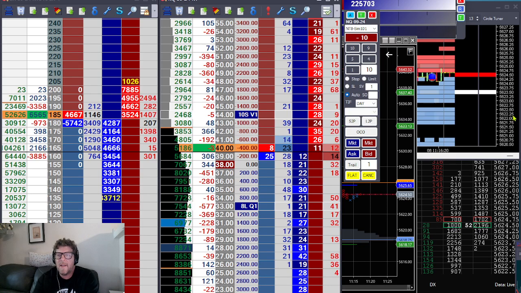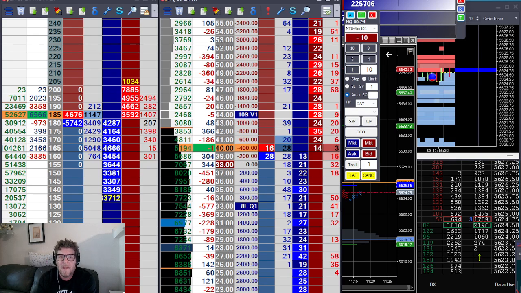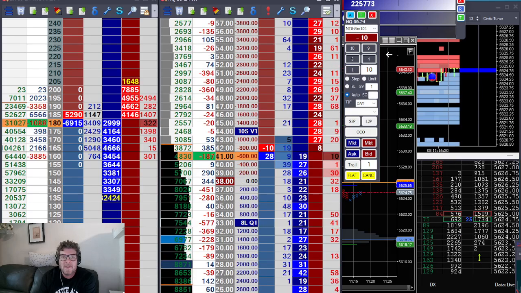And they're fighting back. Buyers are fighting back. There's a lot of sellers on the offer. Big sellers have got a 35 lot and a 20 lot, and it is fighting back.